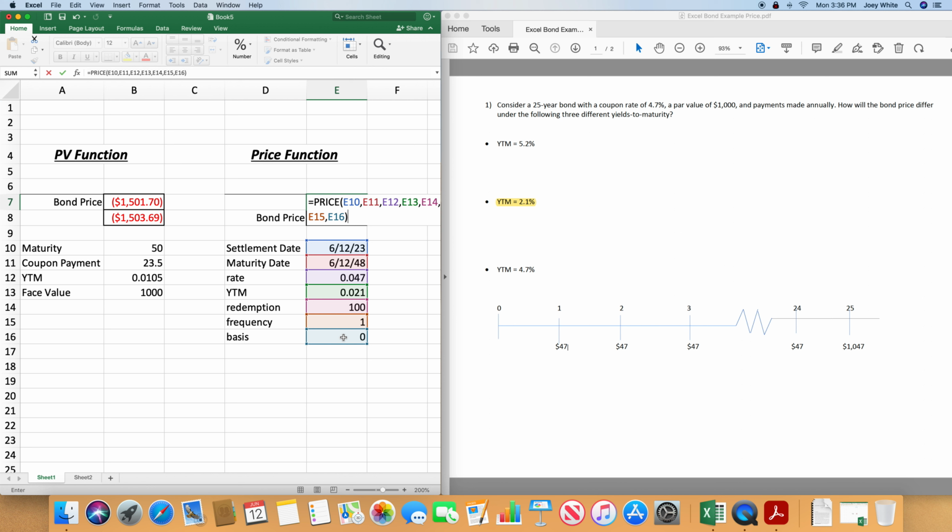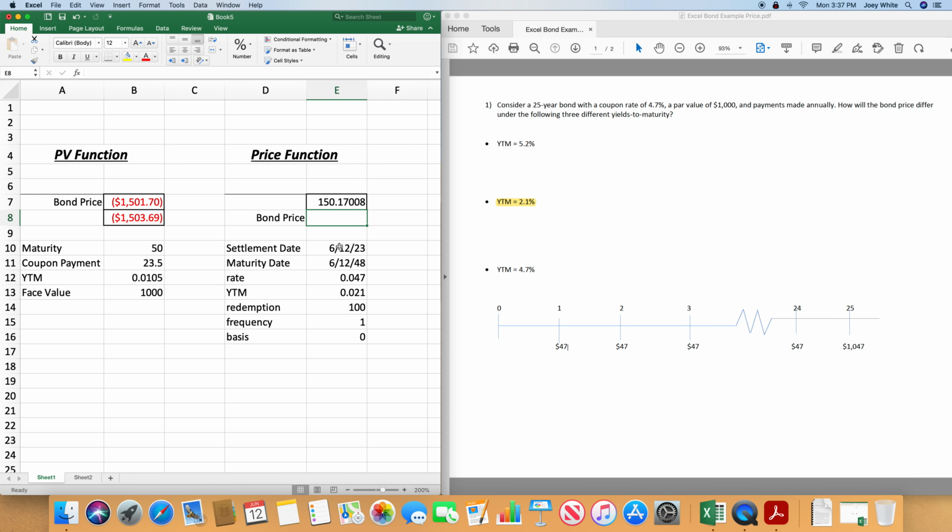Basically, it always calculates everything as a percentage of par. So in this case, we're going to get 150.17008. So the price is basically 150.17% of the par.